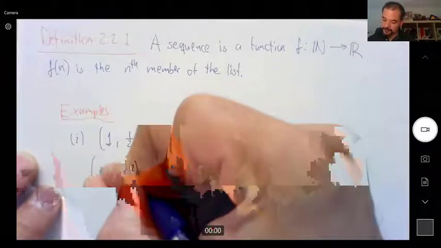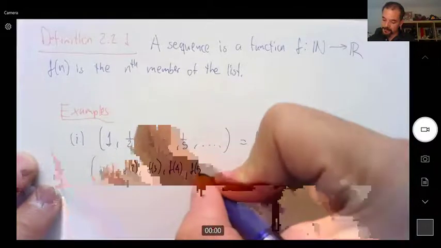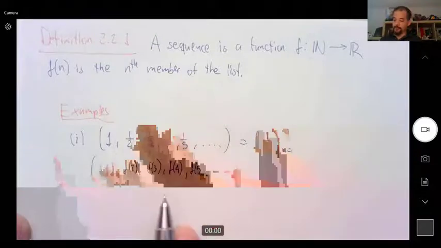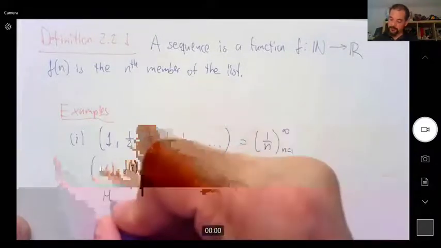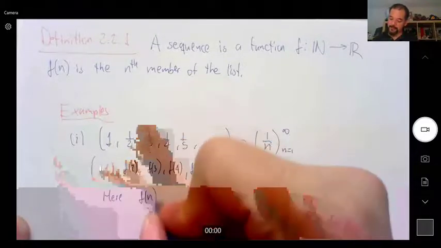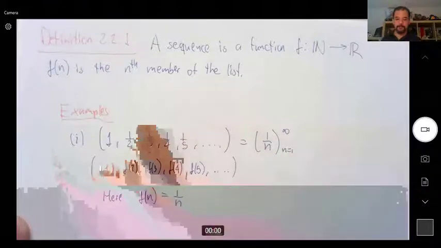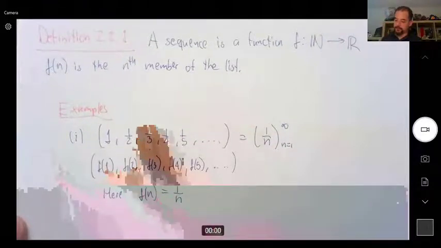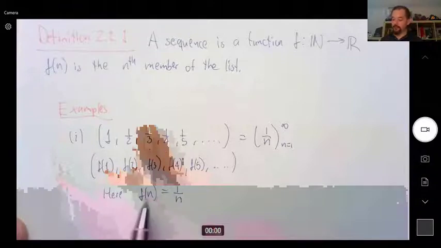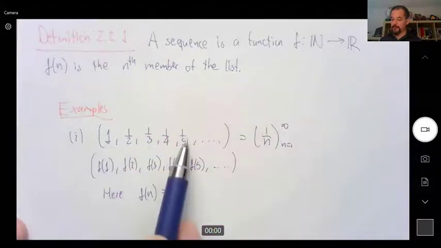When you list the elements, you're supposed to list them in order according to the function. So here, f of n is actually 1 over n, right? So the first element in my sequence is 1. When I want to know what is the fifth element, I plug 5 here. F of 5 is 1 over 5. 1, 2, 3, 4, 5, that's 1 over 5.